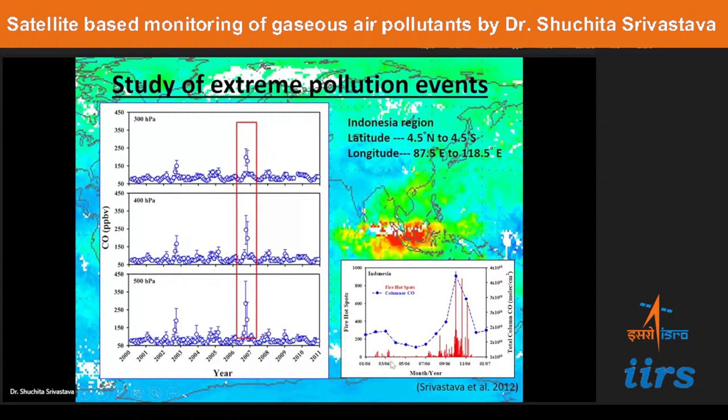During 2006 it was found that in October and November, when the values are very, very high in the atmosphere, intense biomass burning was ongoing over the Indonesian region. So we can identify extreme pollution episodes using satellite data.